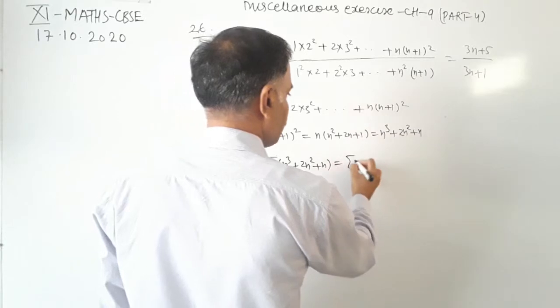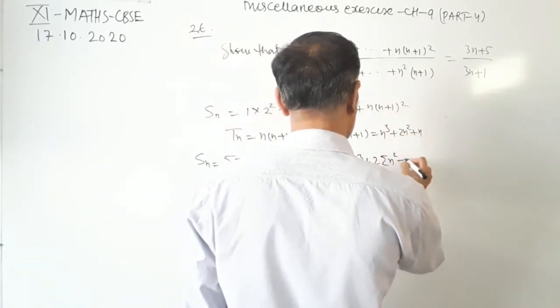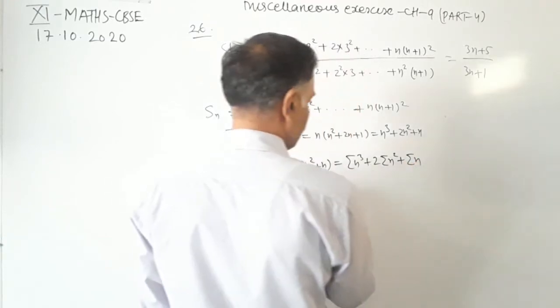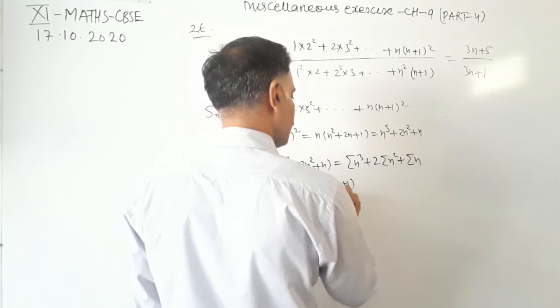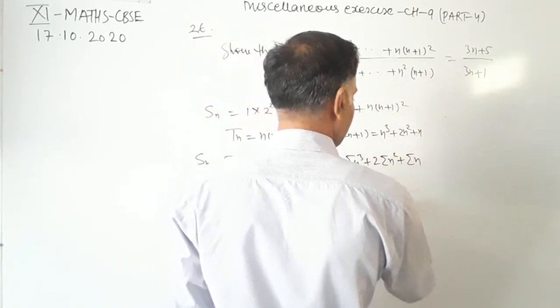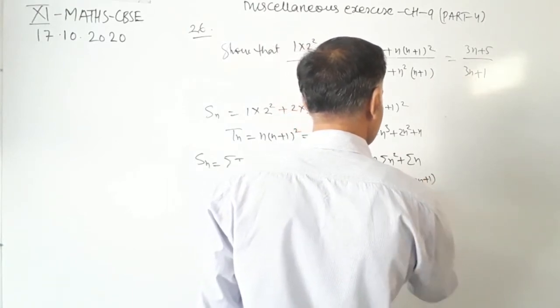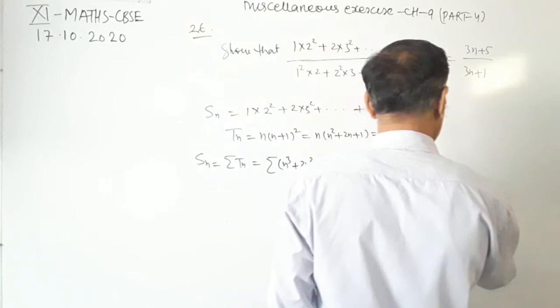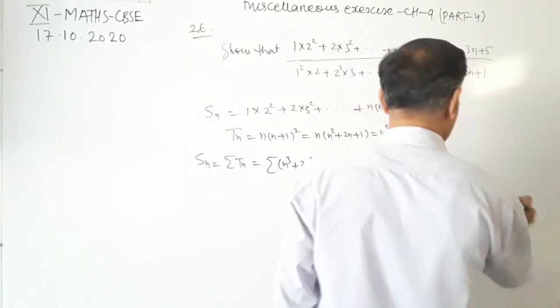So summation n cube plus 2 into summation n square plus summation n. This equals, for summation n cube, [n into (n plus 1) by 2] whole square, plus 2 into summation n square, [n into (n plus 1) into (2n plus 1) upon 6], plus summation n, that is n into (n plus 1) by 2.